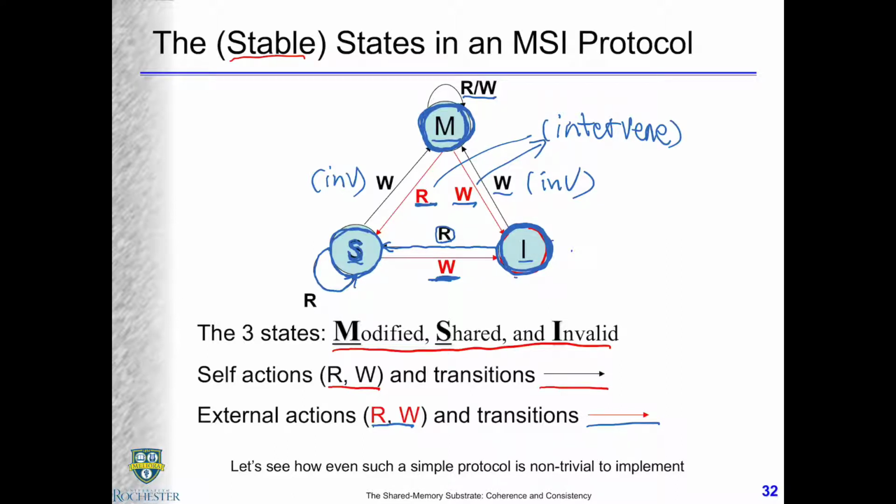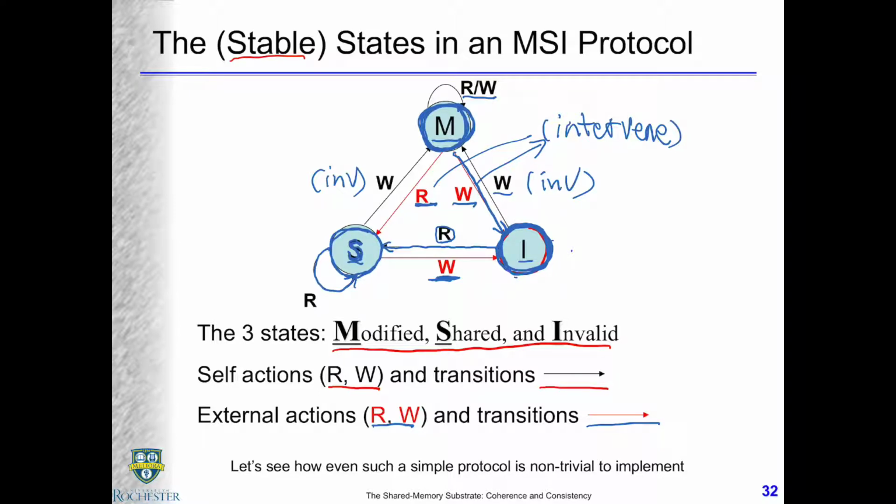That's also intervene. And you can imagine us getting into shared state, so both processors have the cache line. But then again, this new requester isn't satisfied with a shared line, and it wants to write. So what we do is we have to self-invalidate. We have to take my line and move it out of the modified state, so this other node can get into modified state.